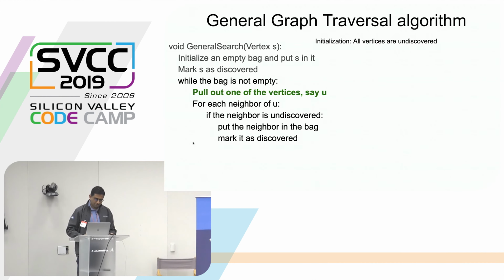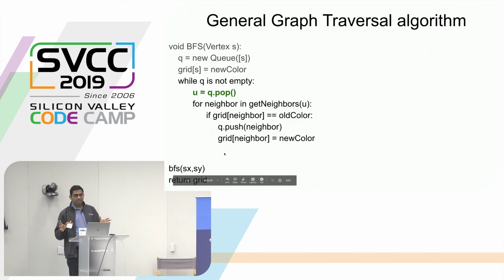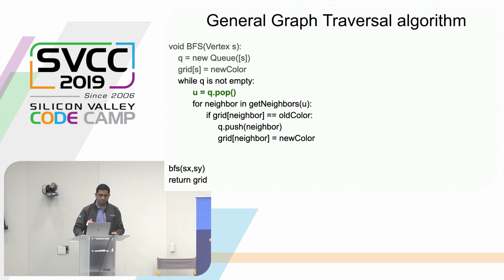And at the end of running this general search algorithm starting from the given source vertex, let's say the coordinates of that source vertex are Sx and Sy, the image should have been transformed, should have been flood filled, and so we return it. So I'm assuming that grid here is the name of that 2-dimensional array. That was the input to our procedure. And so when we do that, we have correctly solved the problem.